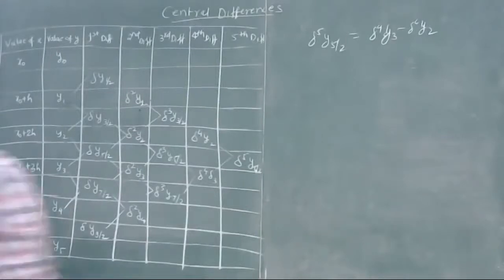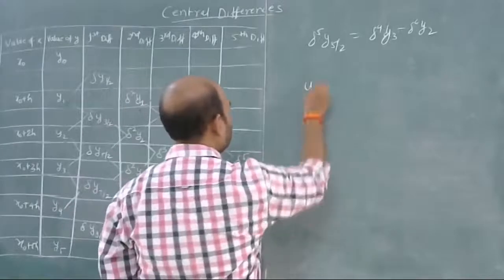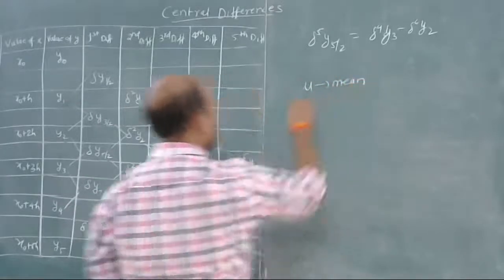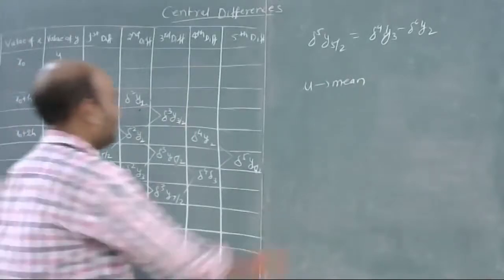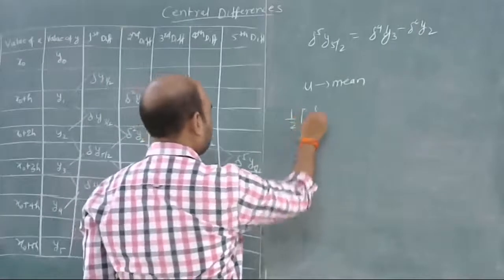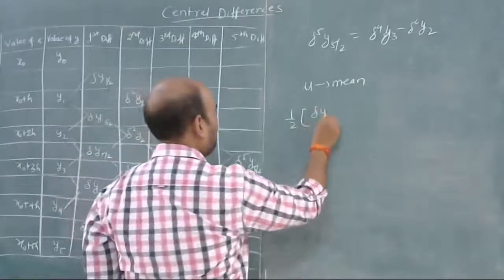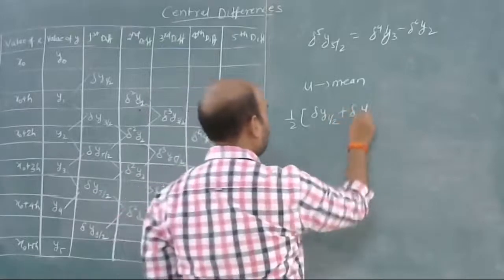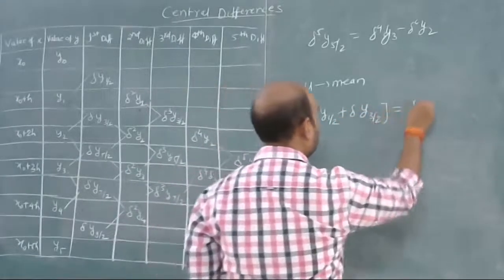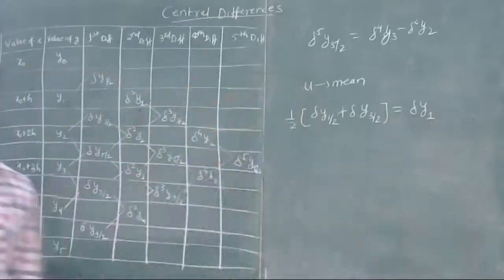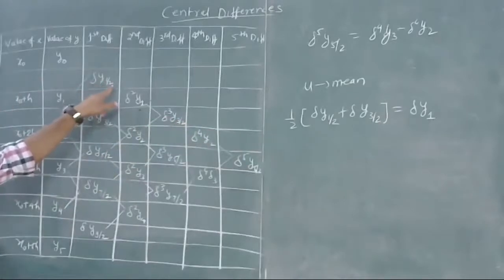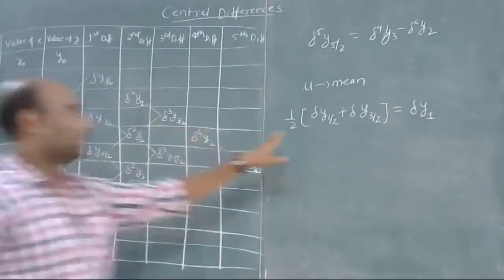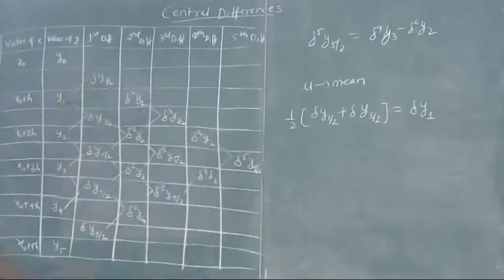Now the mean of two adjacent values, mean is denoted by mu. So the mean of these two adjacent values, that is half of del y1/2 plus del y3/2, gives you mu del y1. If you want to find del y1, because you have only del y1/2 and del y3/2, then you have to take the mean of these two terms.